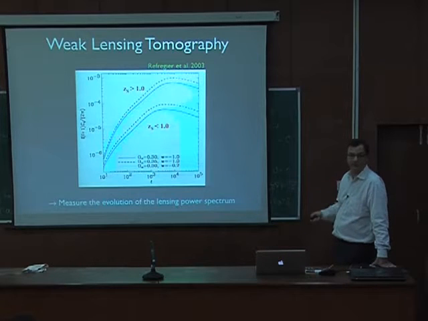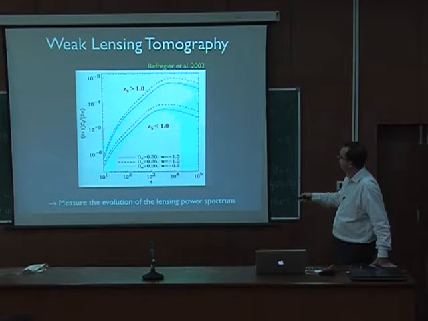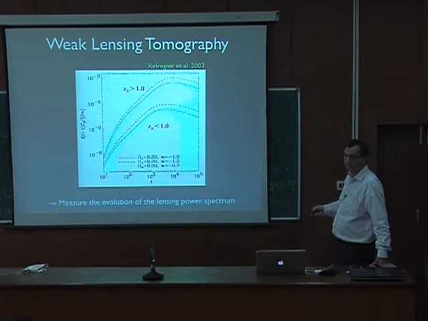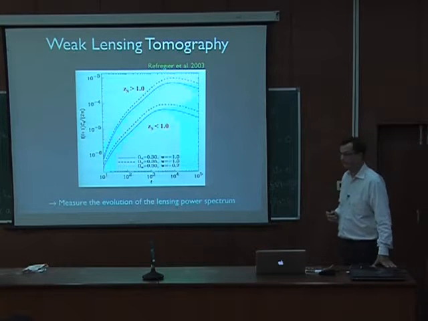Again, this is a theoretical calculation, not a measurement. Then you get the two curves. So again, the more relevant one, let's say, is the blue curve. For the one at lower redshift, you get this blue curve, and for the one at higher redshift, you get this upper blue curve. And you see indeed that the amplitude of the lensing power spectrum is higher for the galaxies at higher redshift. Okay?